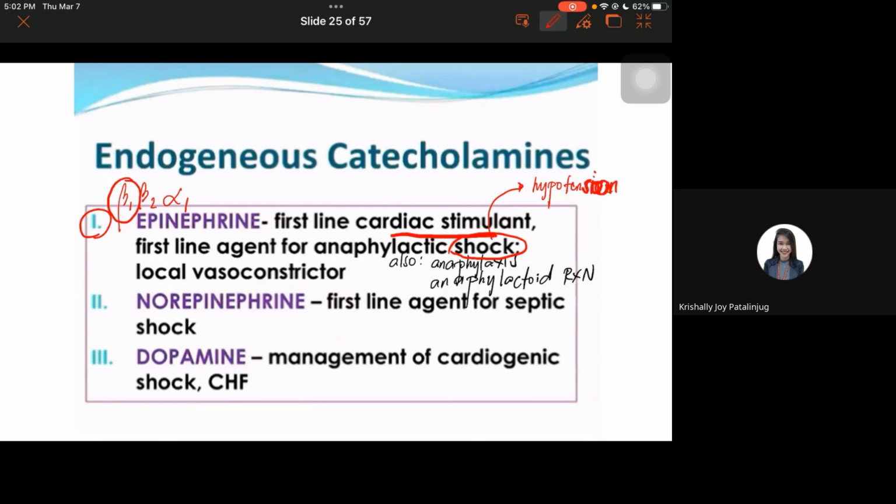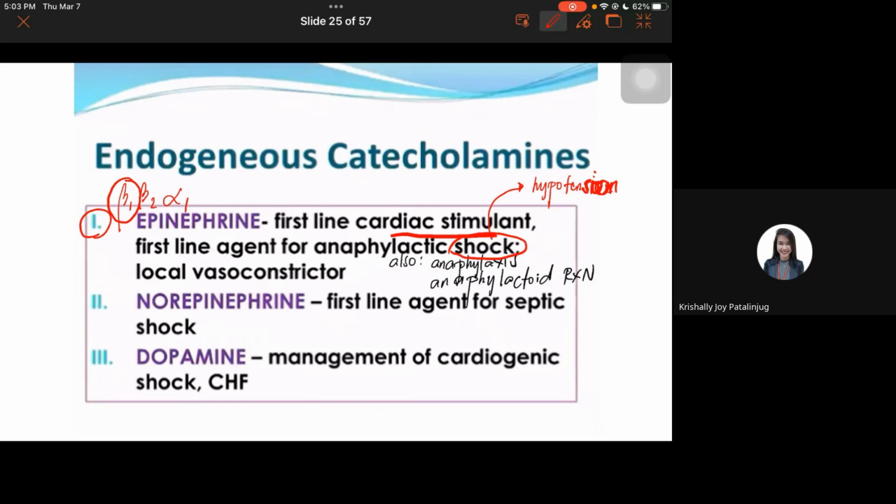I repeat, kapag ang isang tao is at shock state, it is actually a general term pertaining to having hypotension. Usa na siya sa cause. Now, whenever a patient is at shock state, hypotension, pwedeng maraming trigger, maraming causes.